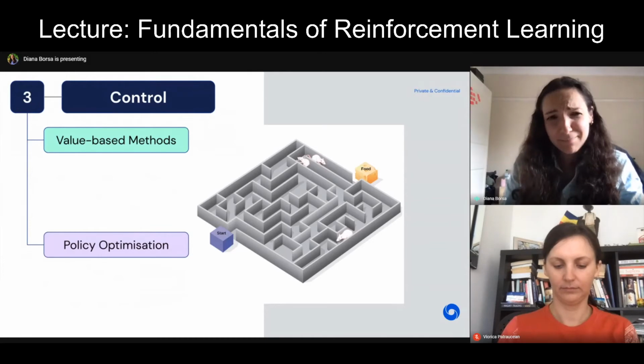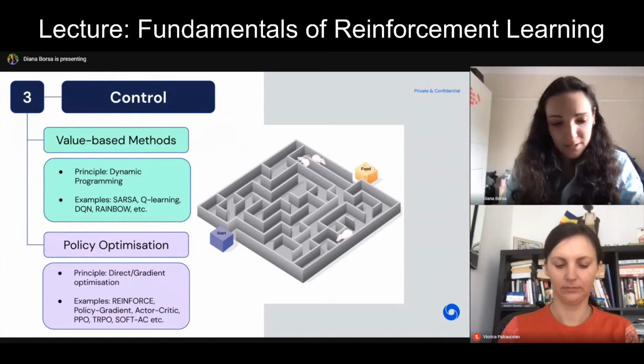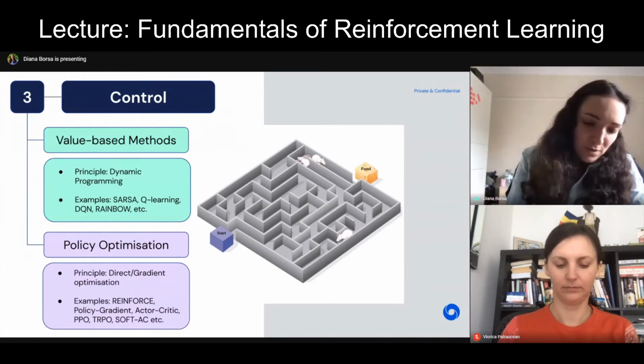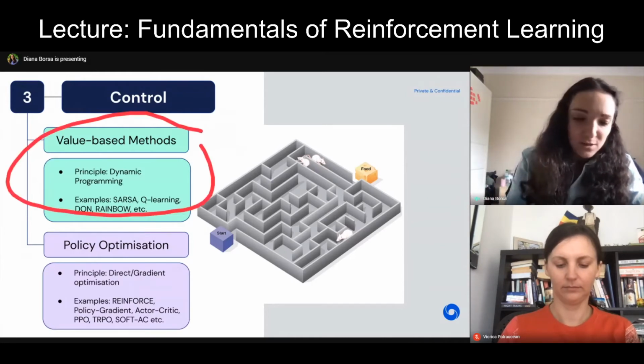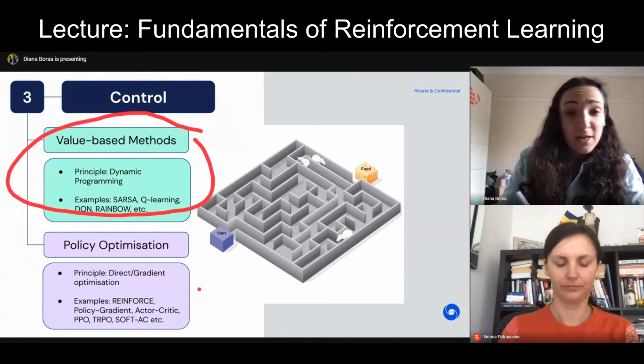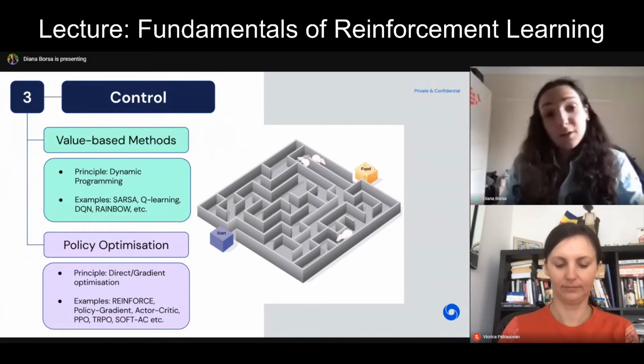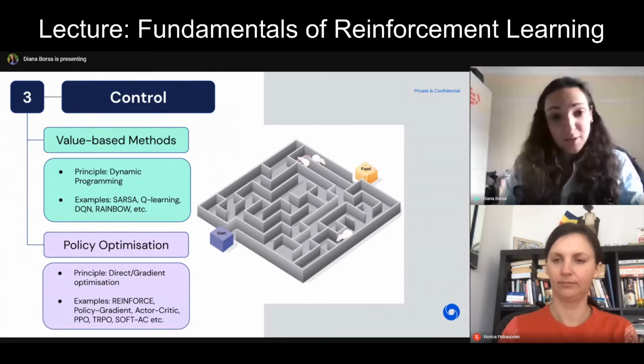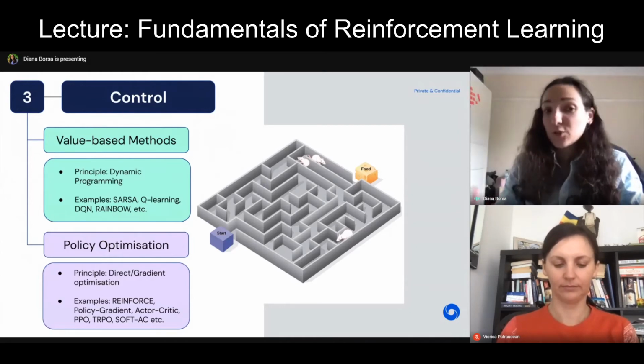And as I mentioned in the questions, there are two main ways of tackling control: value-based methods and policy optimization methods. We're going to only focus on value-based methods for the time being, but Doina will cover some of the policy optimization methods, where you parameterize a policy directly and try to improve that.